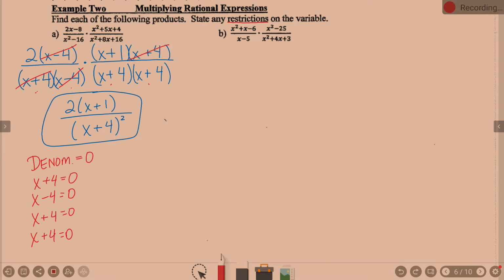Did I really need to write x plus 4 three different times? No. But my point is, everything matters, right? Obviously, if they overlap, these two are the same as the one up top. So, what are my restrictions? x cannot equal 4 or negative 4, or plus or minus 4. Okay?